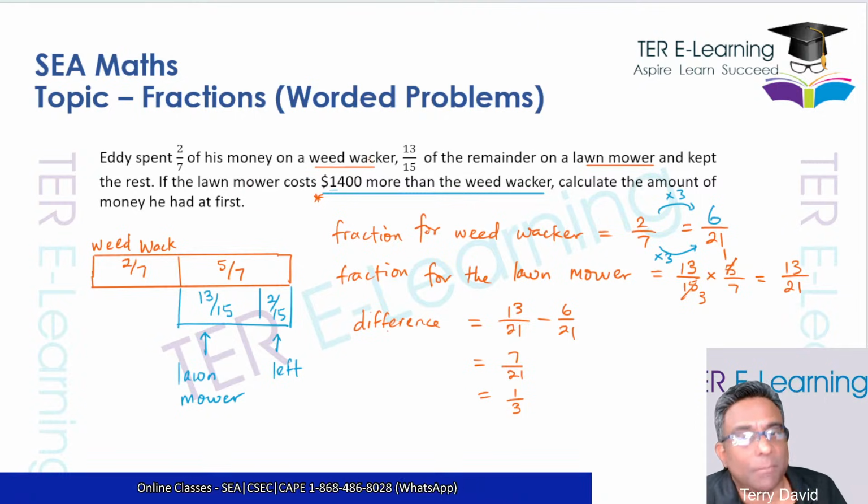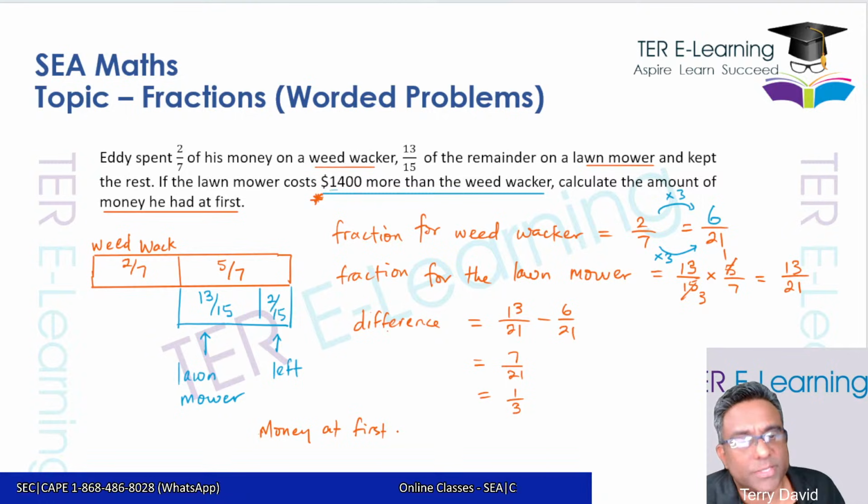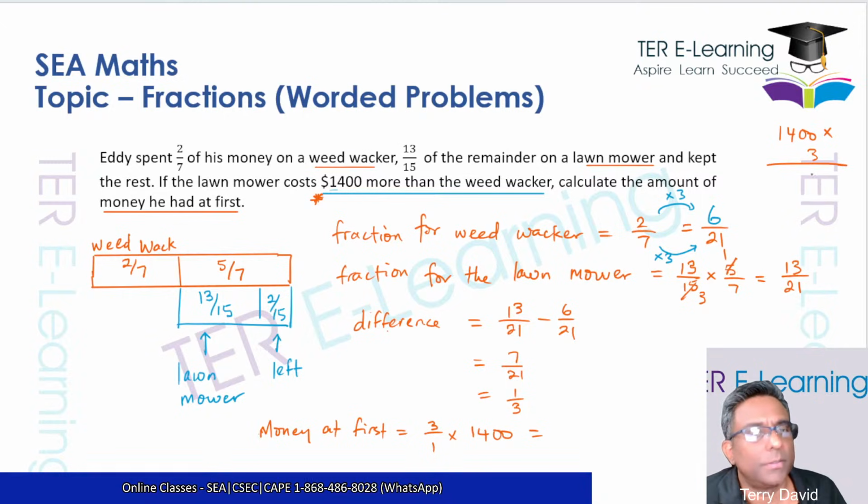So that's the difference. But we know what the difference accounts for. That difference there accounts for $1,400. Remember, we want to work out the money that he had at first. So the money at first is simply going to be equal to, so we have to invert, 3 over 1 multiplied by 1,400. So that is 1,400 multiplied by 3. 4 3s are 12, 1 3 3 and 1 4.